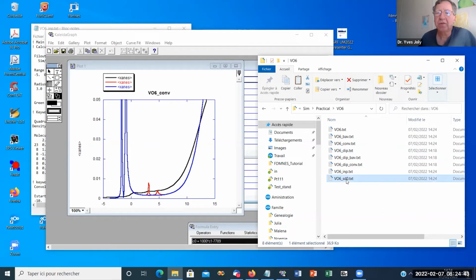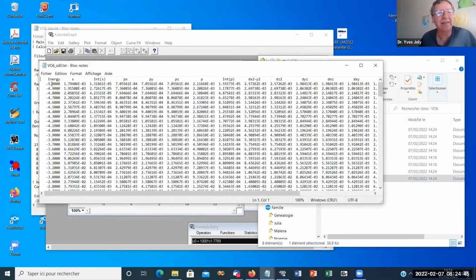Okay, so just open, you can see the energy again, the S state, the integral versus energy, the Px, Py, Pz states, and the sum, the integral over energy, and then the different D orbitals.